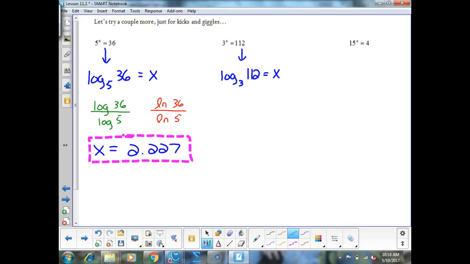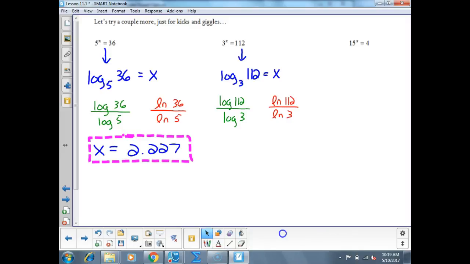Using my change of base formula, that's either going to be log base 10 of 112 divided by log of 3, or the natural log of 112 divided by the natural log of 3. In my brain, I know this has to be bigger than 4 but smaller than 5. So x here is equal to 4.295.